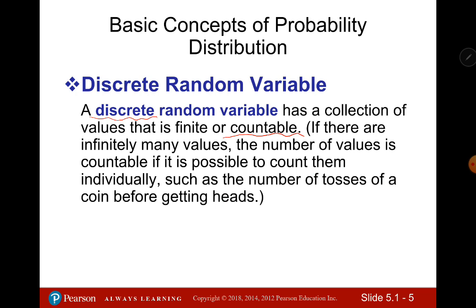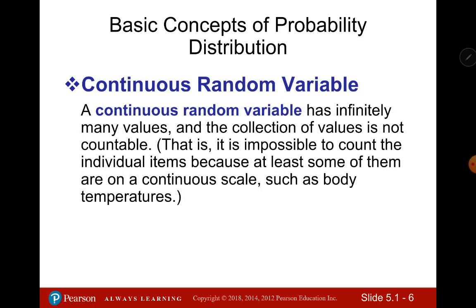How many tails do we have? This kind of variable, we call it a discrete variable. The values are countable. Of course, we have another one called a continuous random variable. The values are not countable. So it can be body temperature, weight, height, something like that.